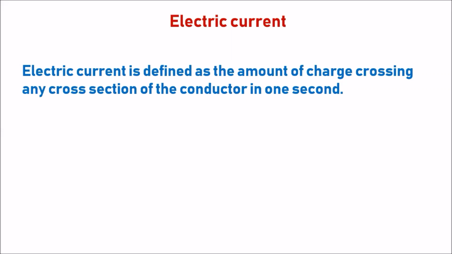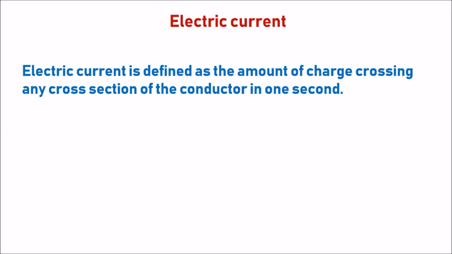So the amount of charge, in the sense of free electrons, crossing any cross section. If you take any area, how many electrons are crossing that area in 1 second, if you calculate that, that is meant by electric current. In simple words, electric current means flow of electrons.